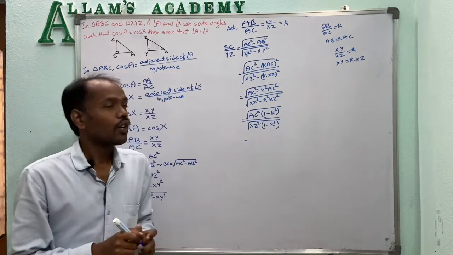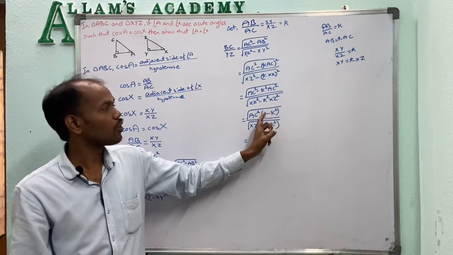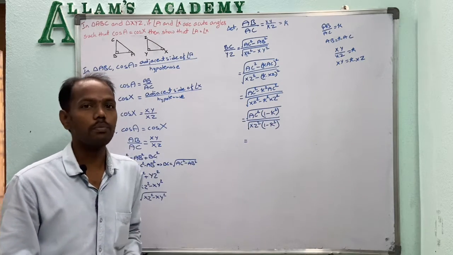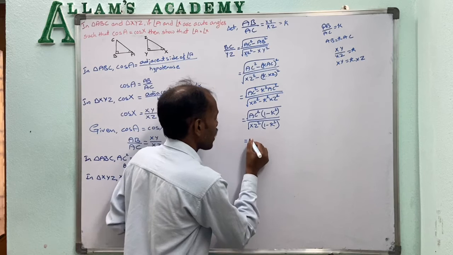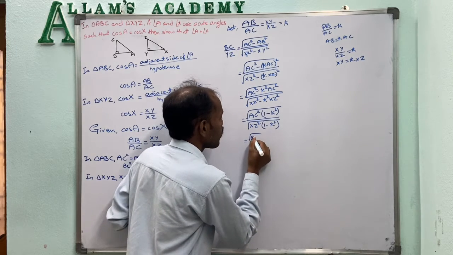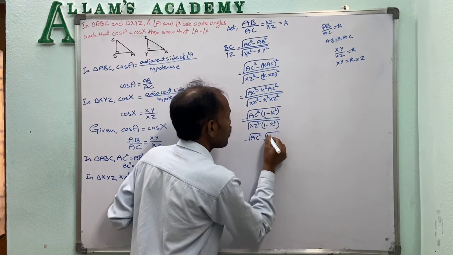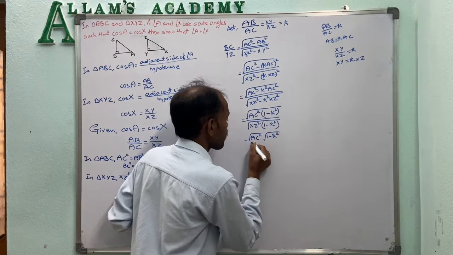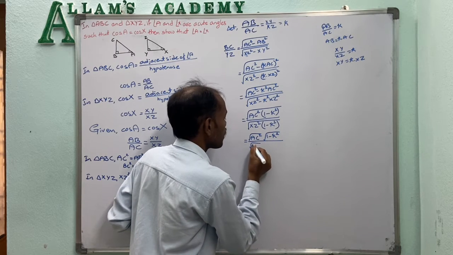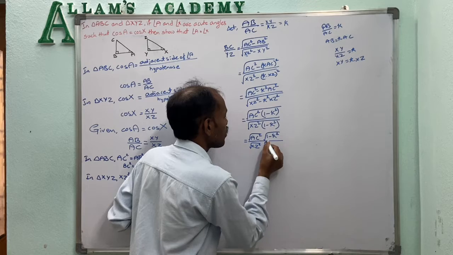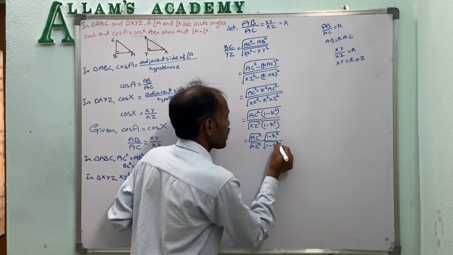Next, root AB equals root A into root B. By using that formula, if we split this one, root AC square into root 1 minus k square by root xz square into root 1 minus k square.